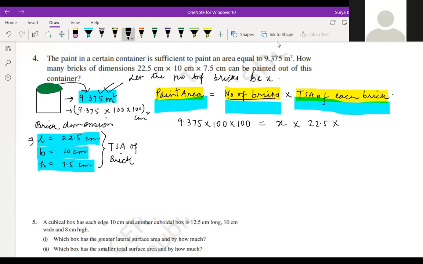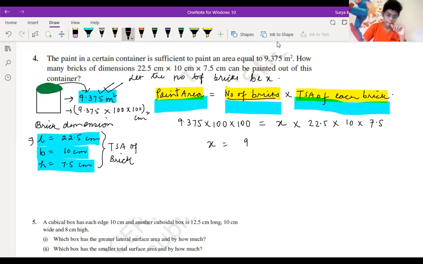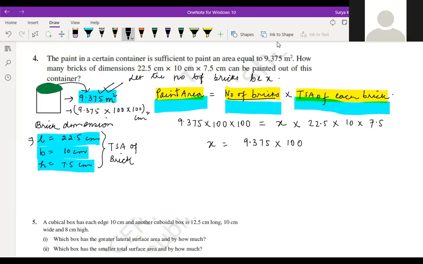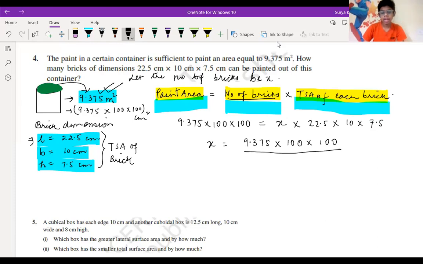22.5 into 10. Sir, is the answer 100 bricks? I don't know, I should solve it. You solved already. I'm getting 100 bricks, sir. You solved? Yes, sir. I should check. Tell me what I should do. See here, see the board, don't see the notebook. Sir, first I multiplied 2 into LH plus BH plus that formula I used, sir, for LSA.